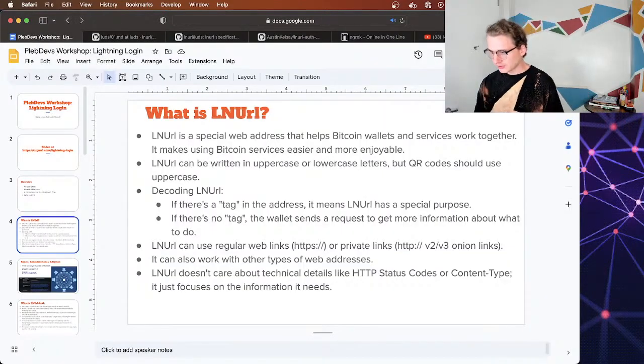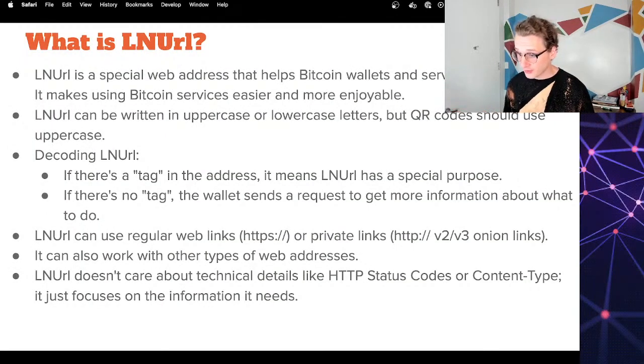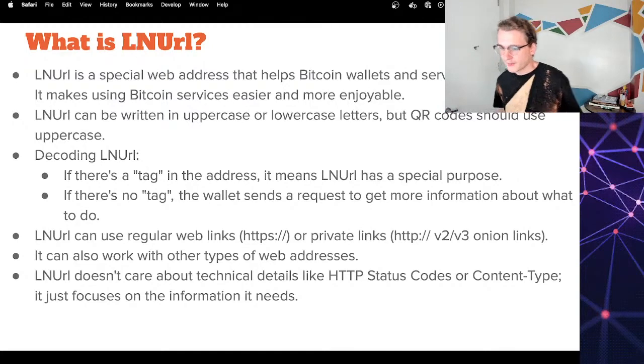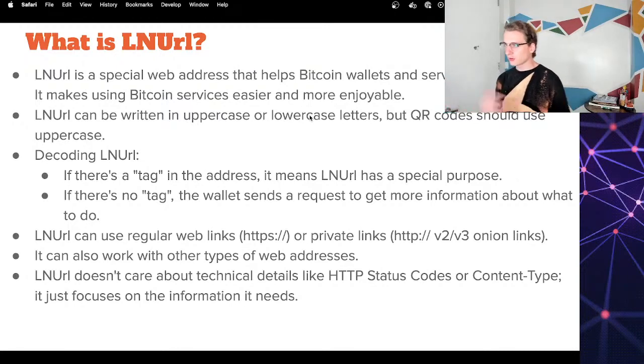And so I guess just to touch on my bullet points, it's a special web address that helps Bitcoin wallets and services work together. It makes using Bitcoin services easier and more enjoyable. I think that's true to say. It can be written with uppercase or lowercase letters, but QR codes should use uppercase. So LNURL is almost always encoded in a QR code.